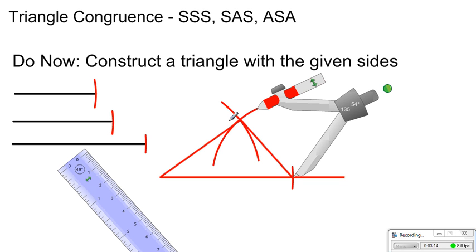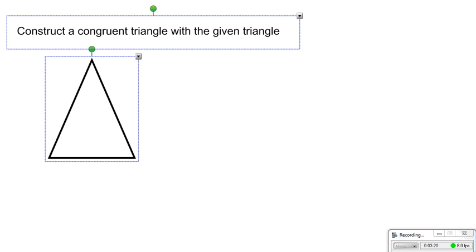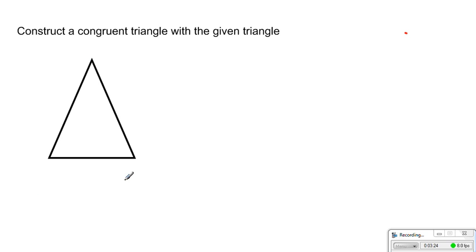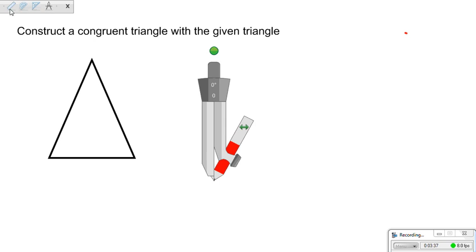Now, this was a practice for us to do the next one. The next one is, in fact, we're going to try to copy a triangle. As you can see here, I'm going to ask you to draw a triangle first on your paper. And the task is, can you somehow construct a congruent triangle to the given triangle? Once again, what we'll be using is a compass and a ruler.